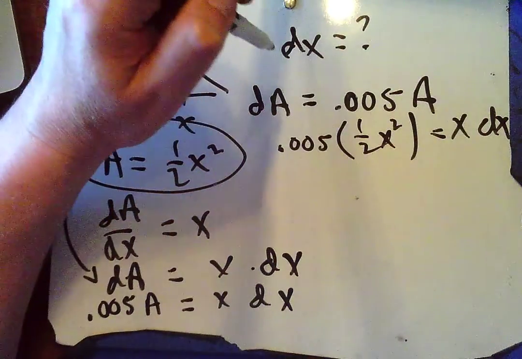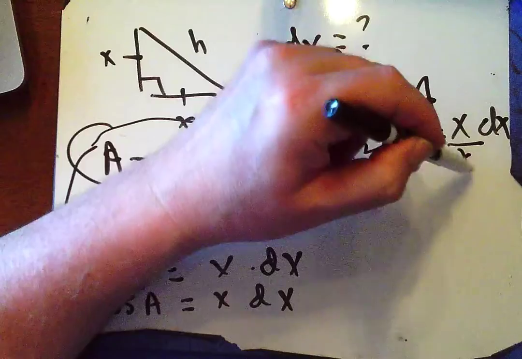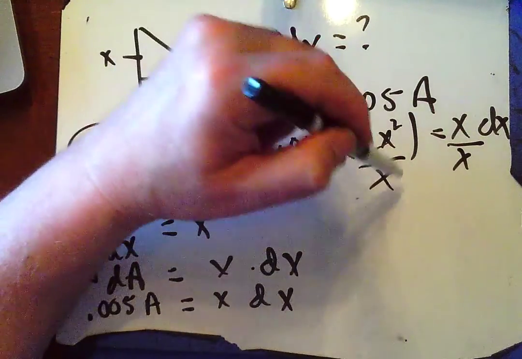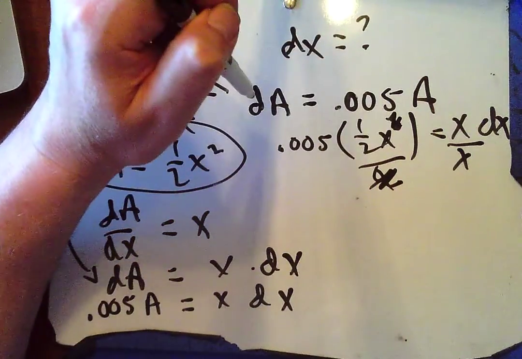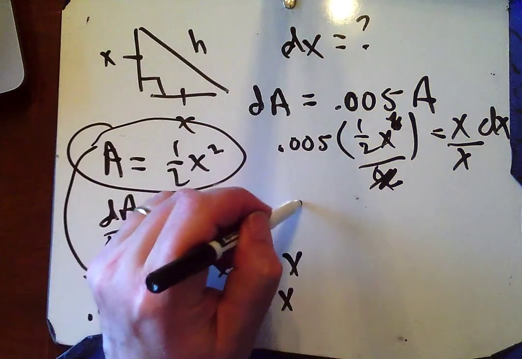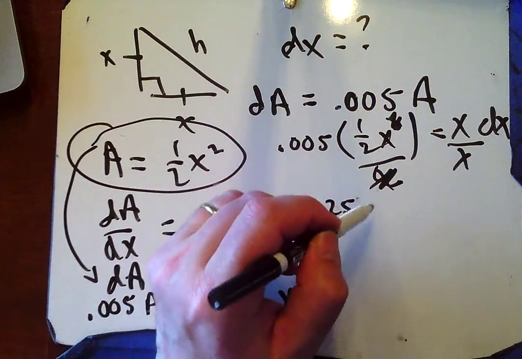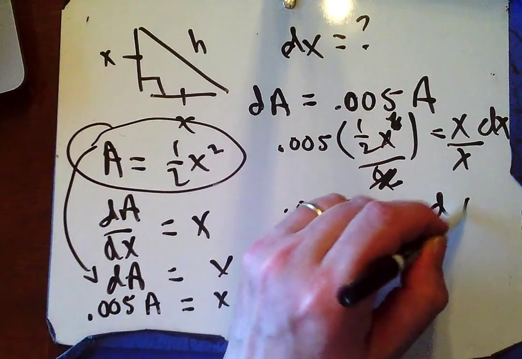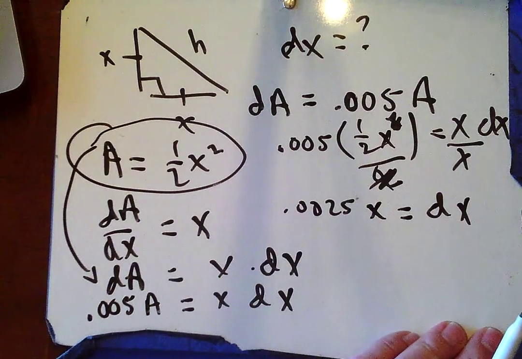All right, well, let's see what we know. If we divide both sides by x, this will cancel one of those. I'm taking this and cutting it in half. So I'm going to have 0.0025 x equals dx. So what does that tell me? What is it that I know?